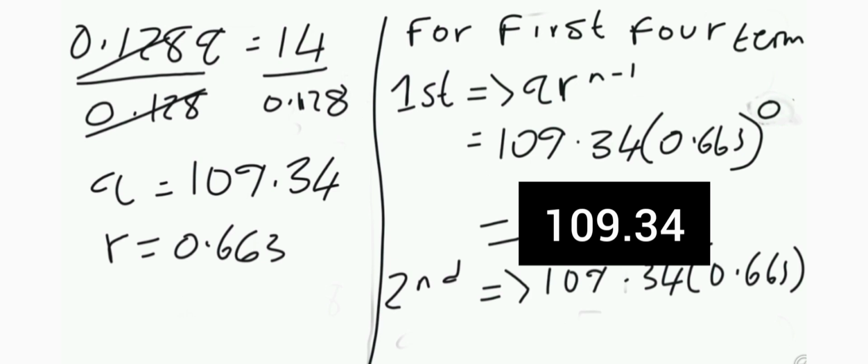So 2 minus 1, which is 1. So 0.663 raised to power 1 will still give us that same number. So we have 0.663 raised to power 1 times 109.34. Using my calculator now, 109.34 times 0.663, what will our answer resolve to?